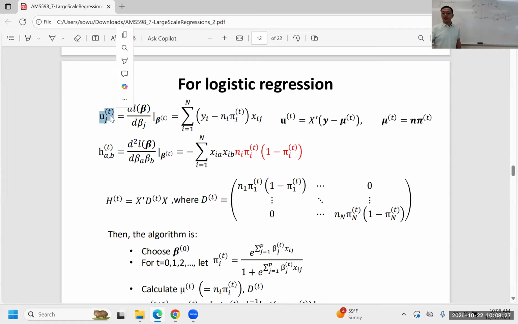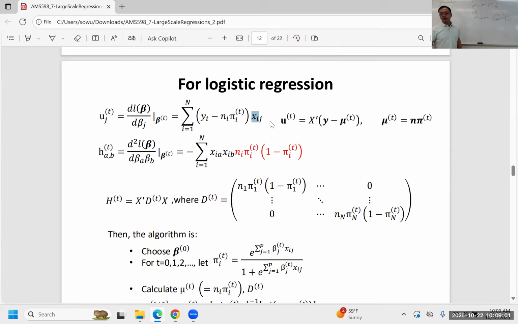Now, if you write it in matrix form, the score vector, if you look at this for a second, is essentially just X transpose (y minus mu^t). You are doing the summation, and each time you take one column of x_i, and multiply, because i goes from 1 to n over the subjects.